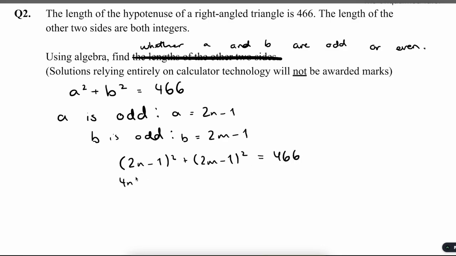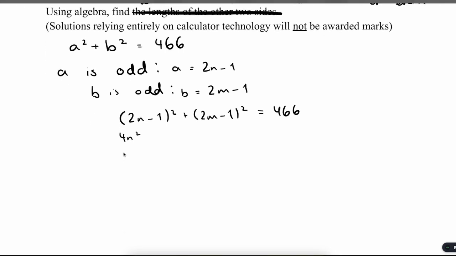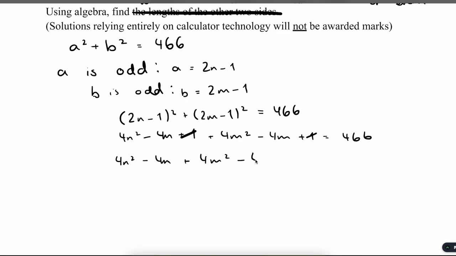So that's 4n² − 4n + 1 + 4m² − 4m + 1, which equals 466. Subtract 2 from both sides, you get 4n² − 4n + 4m² − 4m = 464. Now, is this divisible by 4?